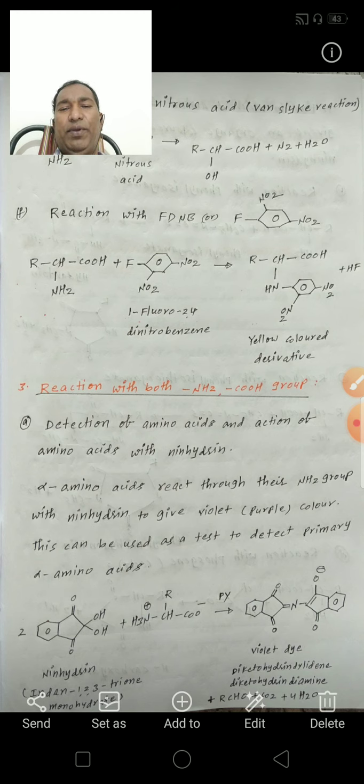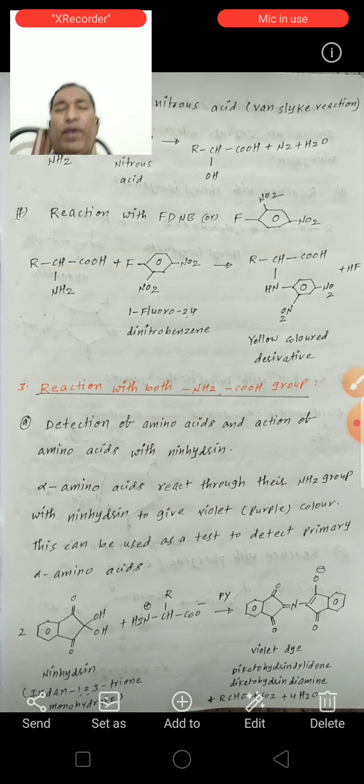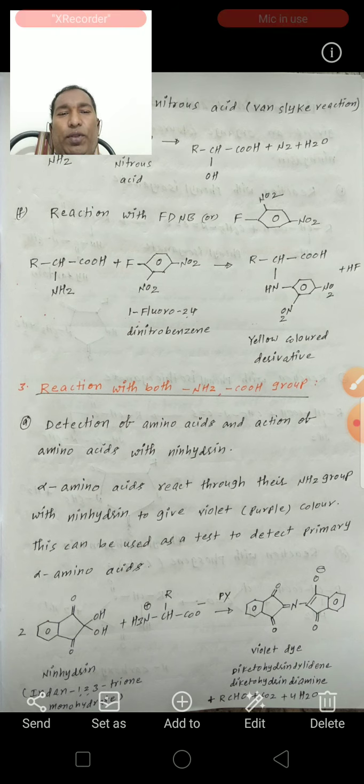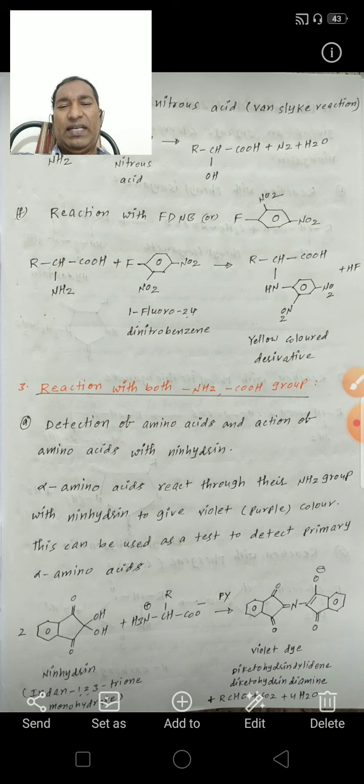This can be used as a test to detect primary alpha amino acids. Primary means it contains the NH2 group.